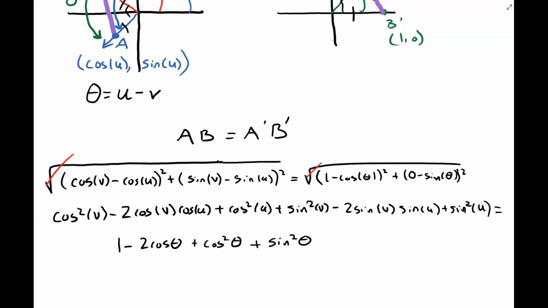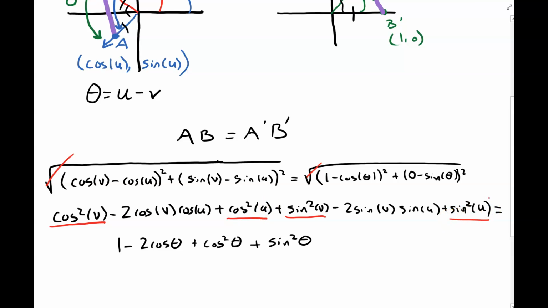Now let's look for things we can do now that it's all FOILed out. I see a whole bunch of nice things happening. I see cosine squared v plus sine squared v. What's that going to give me? 1. I see cosine squared u and sine squared u.